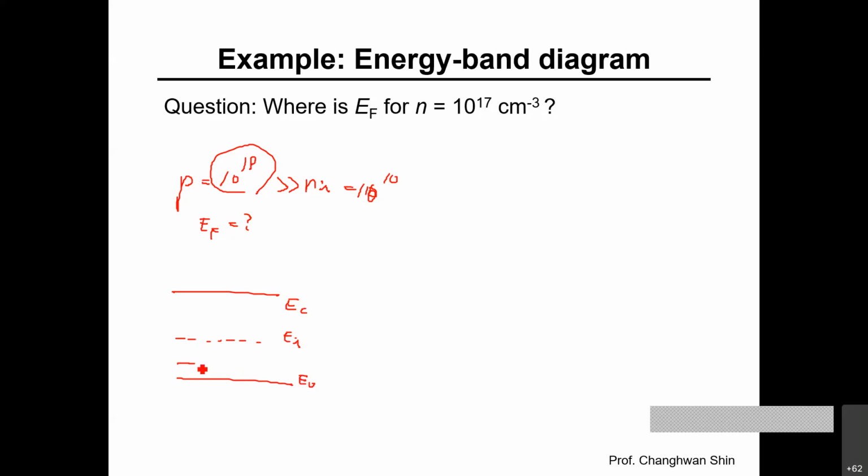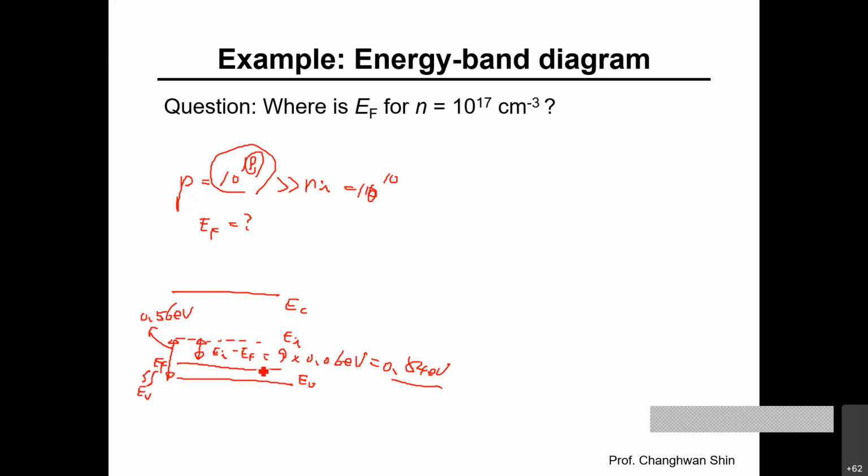So maybe about here. And what is the energy difference, Ei minus EF? Just take the 9. 9 times 0.06 electron volt is 0.54 electron volt. The half band gap is 0.56 electron volt, and here Ei minus EF is 0.54. So EF is almost equal to EV.